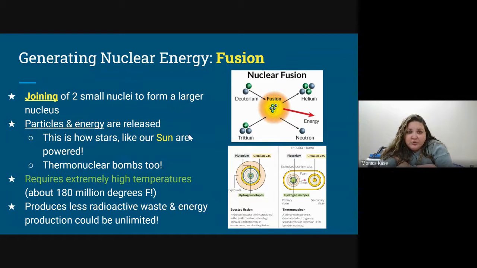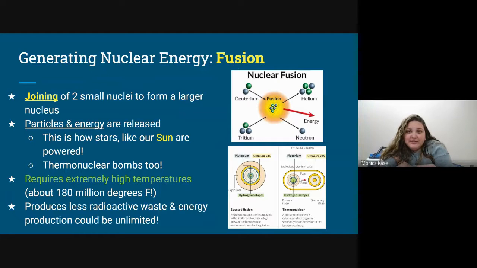The way that we like to remind you that fusion has to do with the sun is that they both have the letter U. So fusion is taking place in the sun, and that is where they're joining together. An example of this is thermonuclear bombs. Those also use fusion. It requires extremely high temperatures.